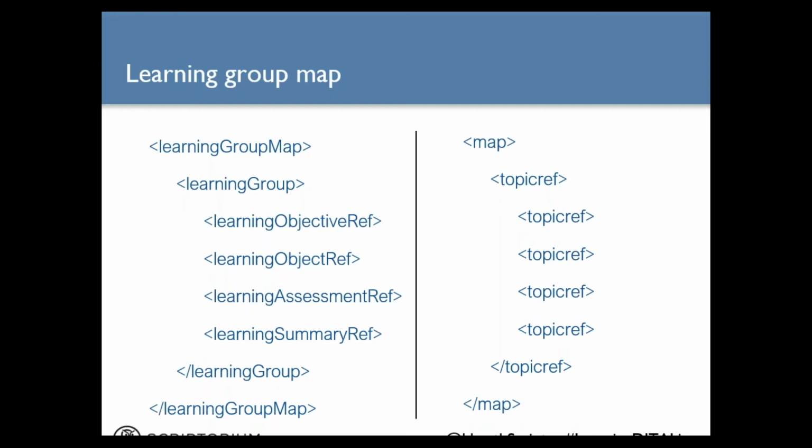That extra element is meant to be reused, which is why we have another separate element there. Within that, you'll see there is a distinct element for each type of topic that we have in the learning and training specialization. We can have our learning objectives, our learning assessment, our learning summary, and then here we have learning object ref.